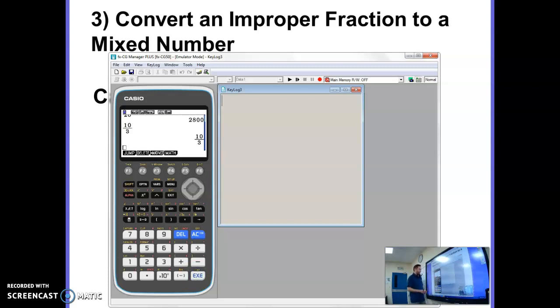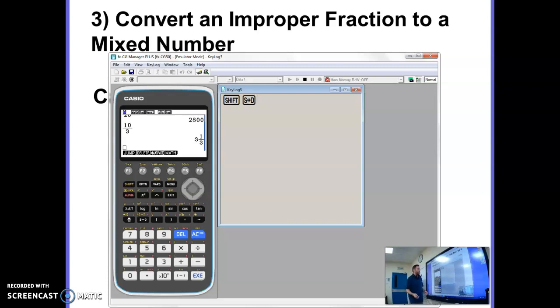If I want to change that into a mixed number, I can use the button above the SD. So let me just show you what I'm clicking here. I'm going to press shift and then this button here. And you can see my answer there has turned to 3 and 1/3. So on this calculator, it's this ABC to DC button.